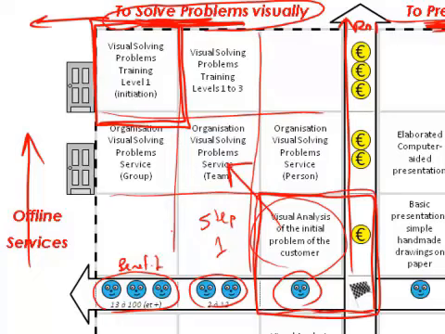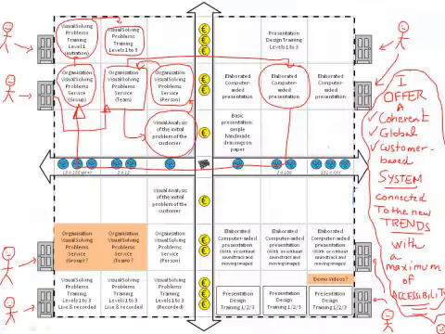Okay, it was wonderful, but I want my team to be competitive. So I need to go to the next level, a visual training session. So someone can come and say, I want a PowerPoint presentation, and I can work with this person from a PowerPoint presentation to a visual thinking analysis of his problem.